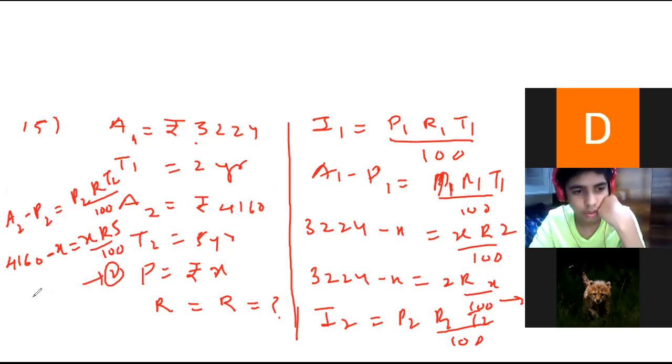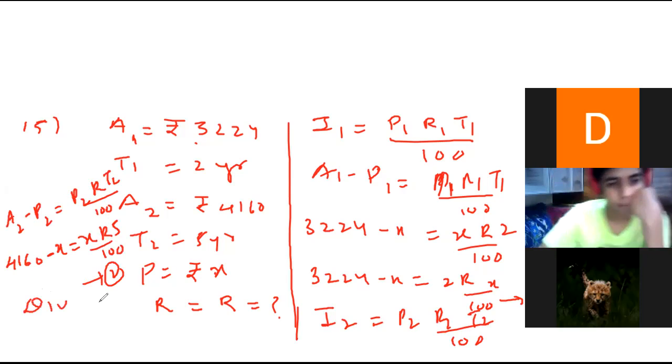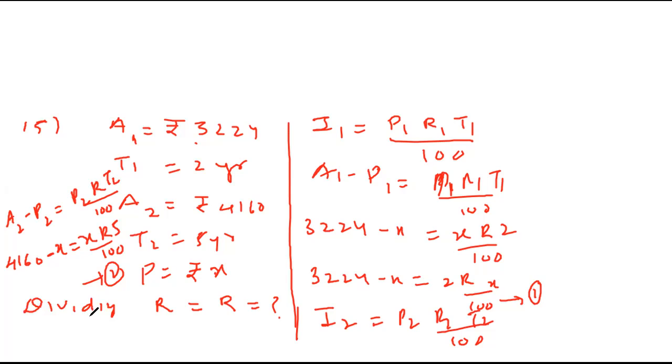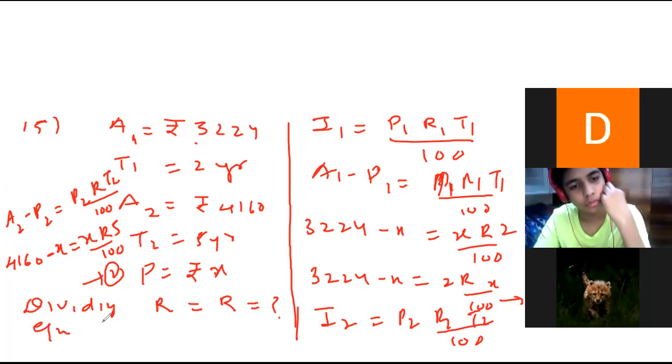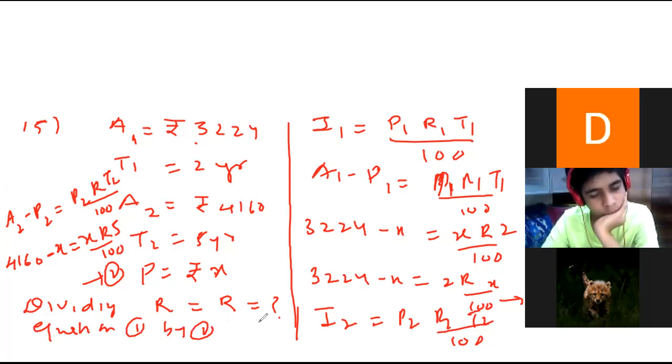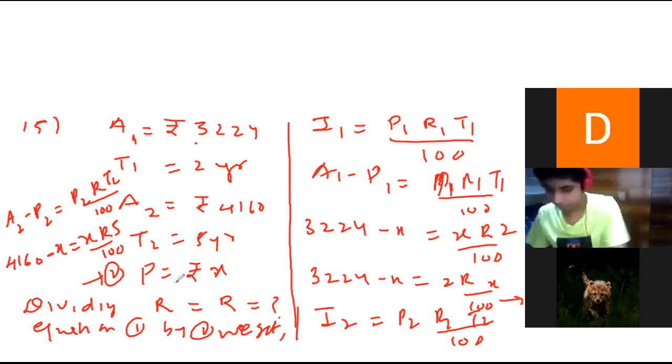So if I divide equation 1 by 2, then we get... please solve till this much, then I'll do further. Sir, A1 is given, so first I found the principal interest formula as A1 minus P1, and the same way for the second one, A2 minus P2.